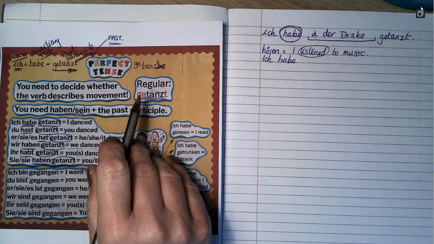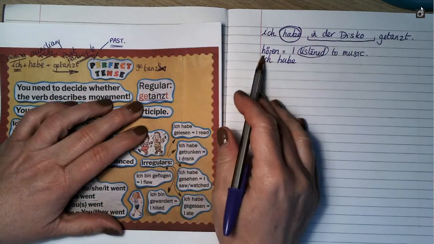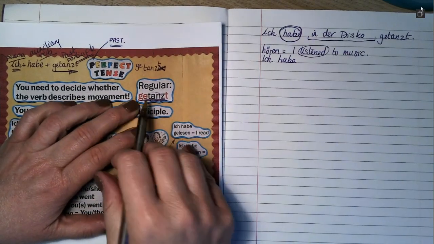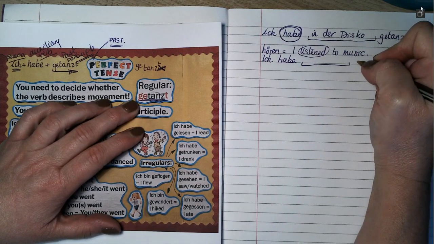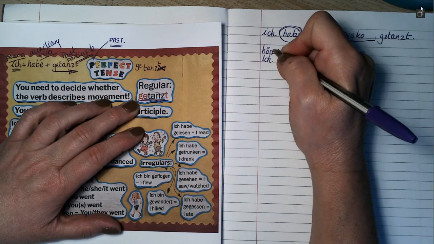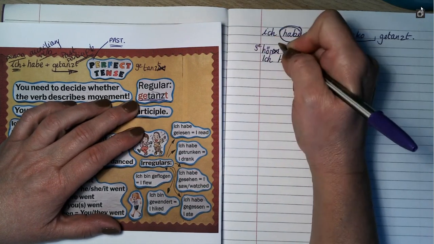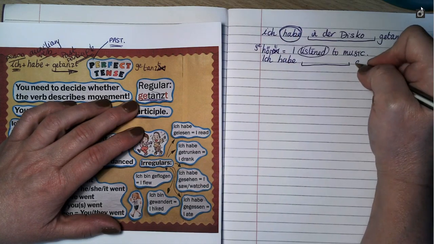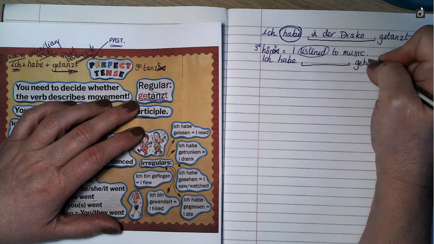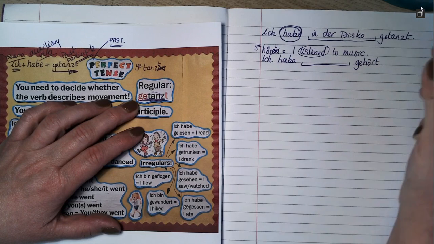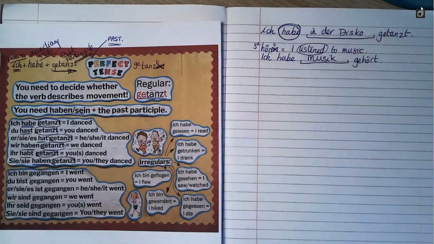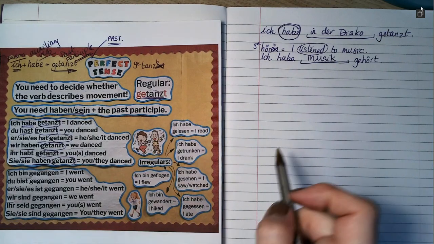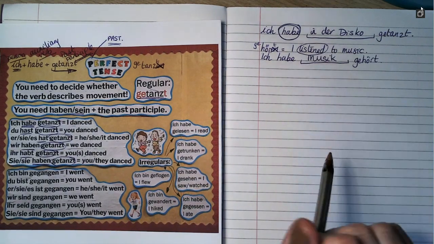I told you that this was going to be regular, so to turn hören into a past participle is regular and it goes at the end. We're going to take off that en and put a G on the front and a T on the end. So gehört, and then the extra information, which in this case is Musik, goes there. So ich habe Musik gehört.